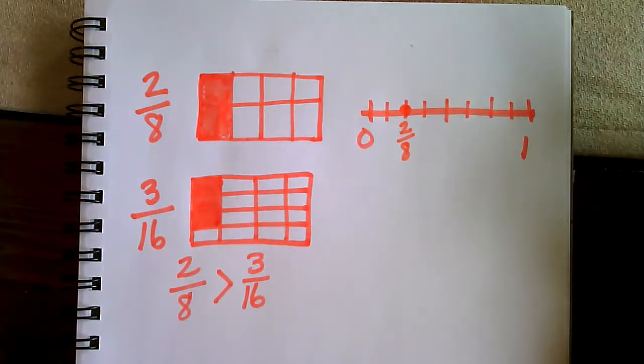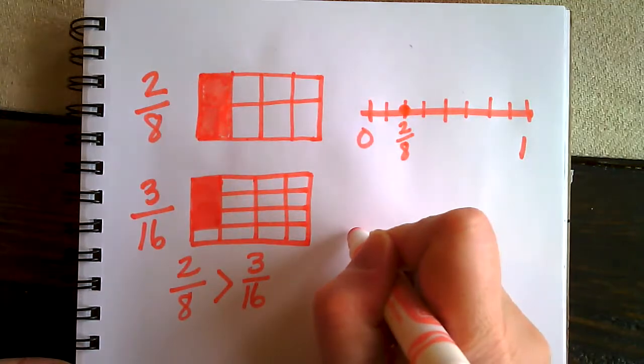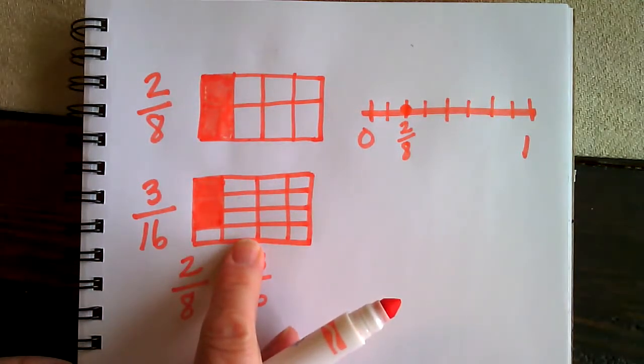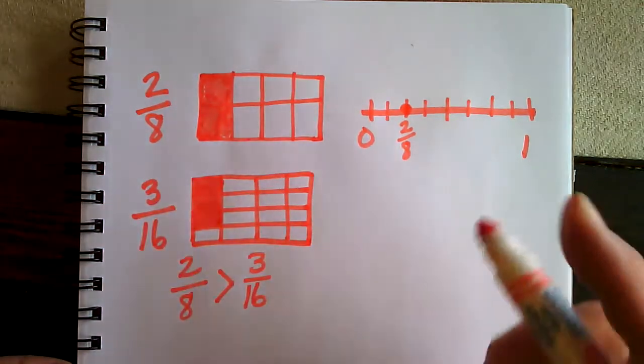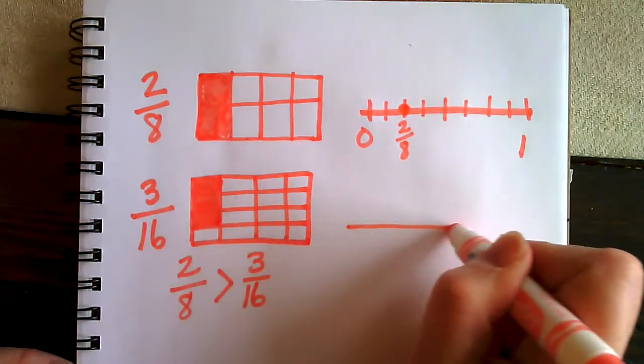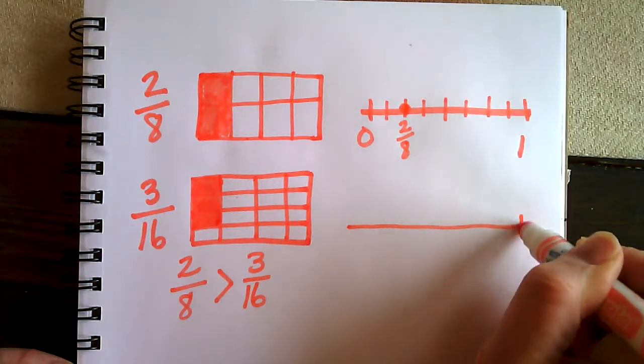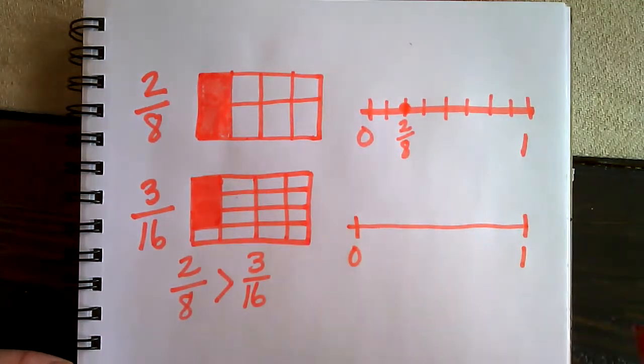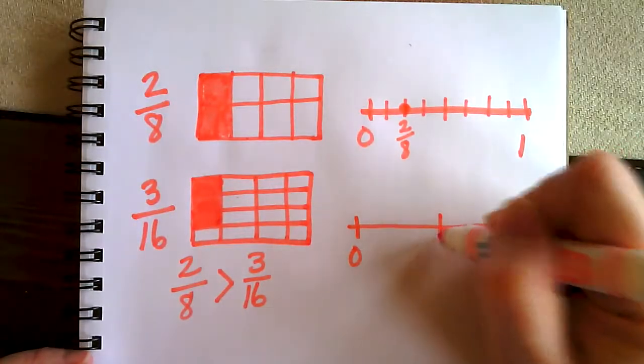Let's try the same for 16ths. Okay, these are going to be tiny. You can even tell by the picture. These pieces get a lot smaller than 8ths. So make sure your number line is the same size. And let's split it in half.